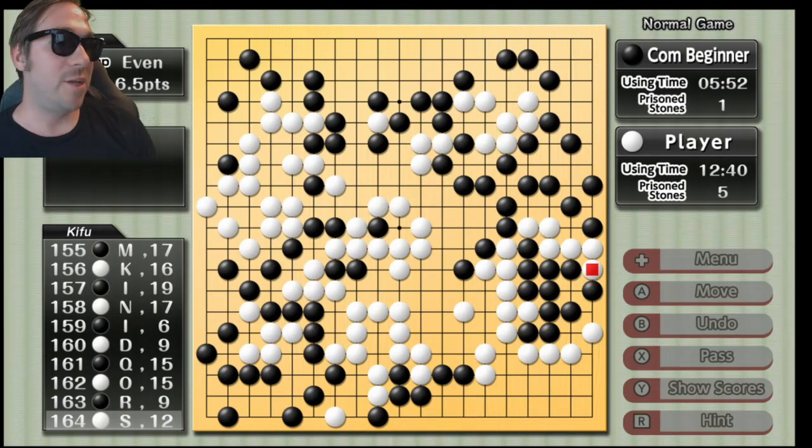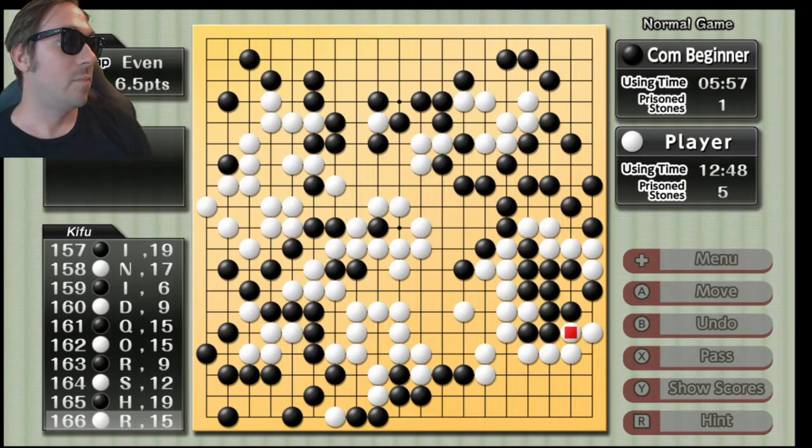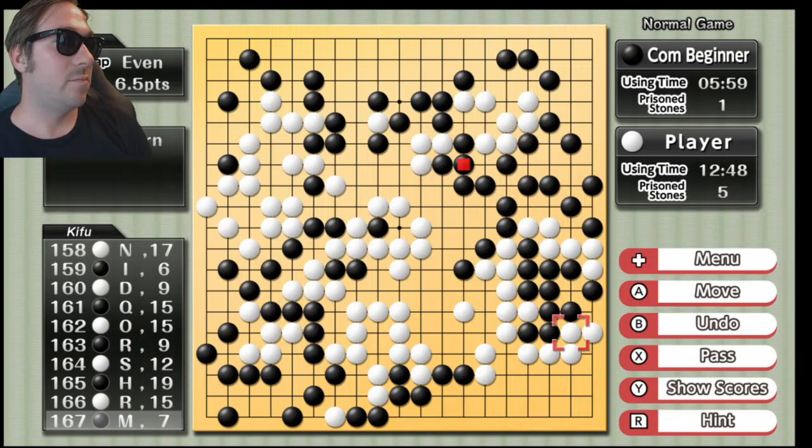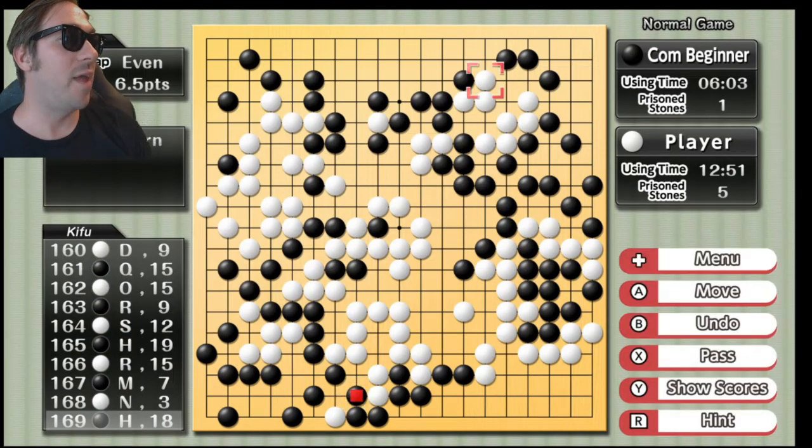I have too many liberties. I don't know why the computer is trying to kill when there's so many liberties left over. I know they're dead. I should push up on that top right.